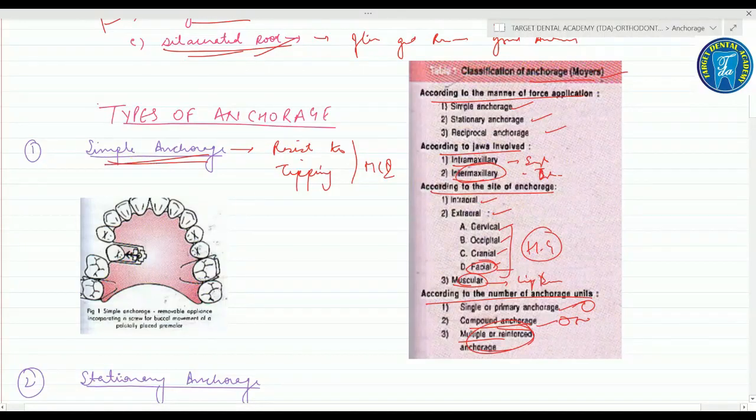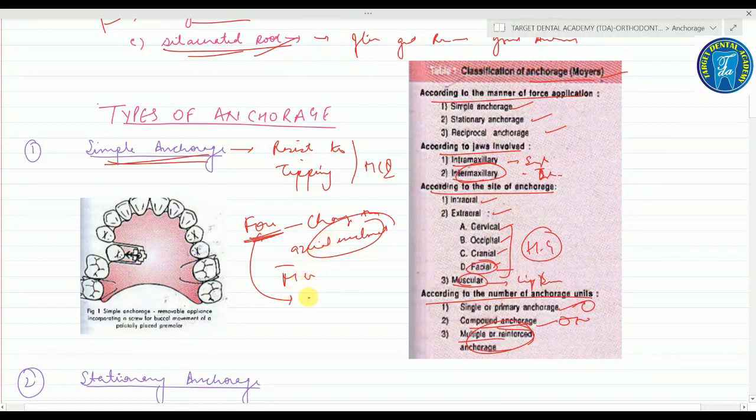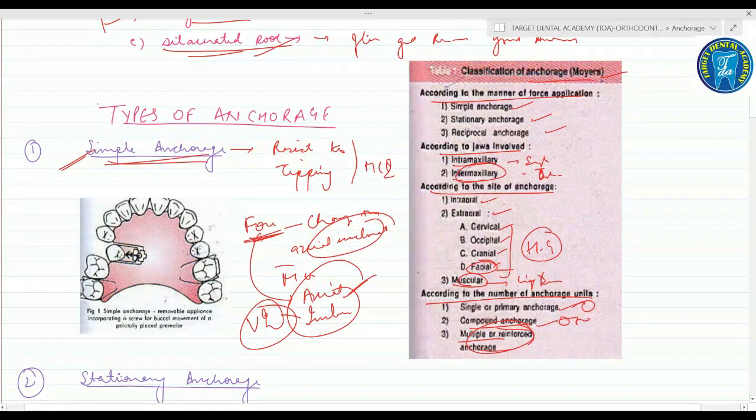So the simple anchorage is the one in which the manner and the application of the force is in such a way that it tends to change the axial inclination of the tooth. Very important. So if a question comes, which of the following anchorage tends to change the axial inclination, your answer should be simple anchorage.